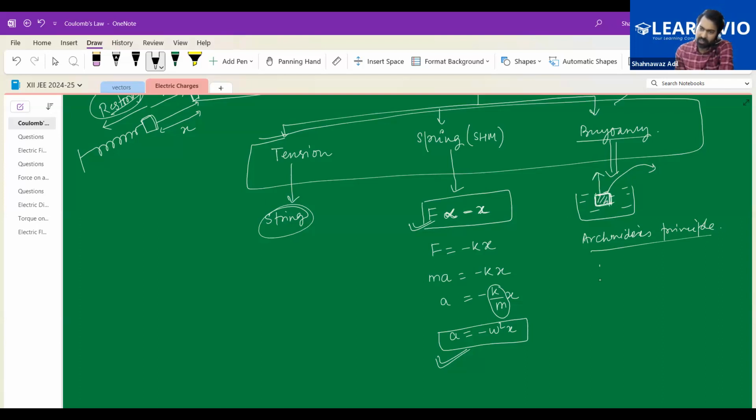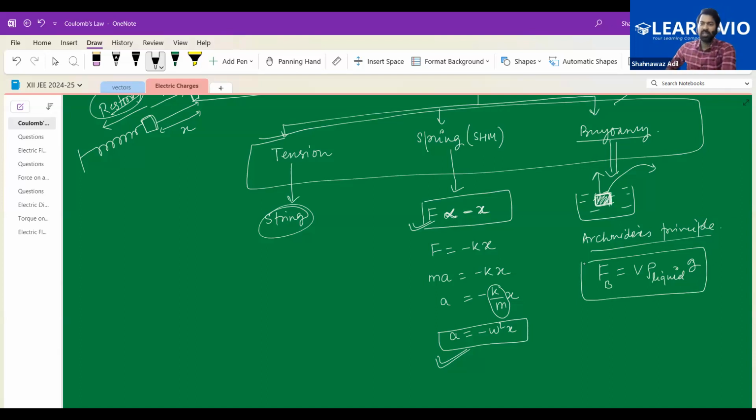And what is this buoyancy force? This is the volume of this thing which is immersed, and then the density of the liquid, and then g. So this is F buoyancy. Do you remember this thing?